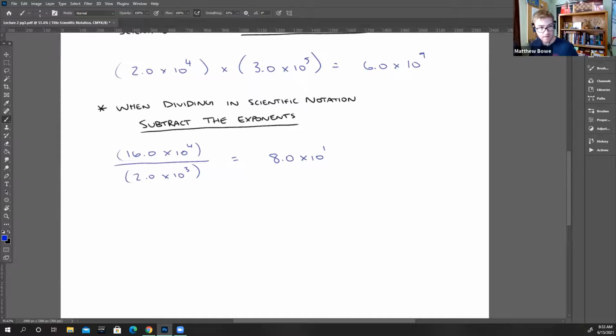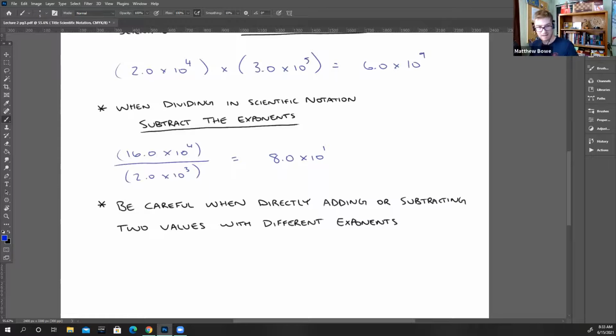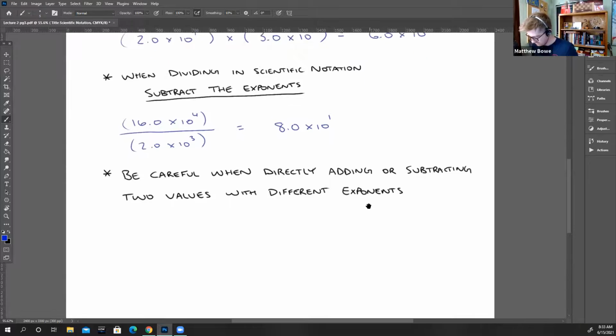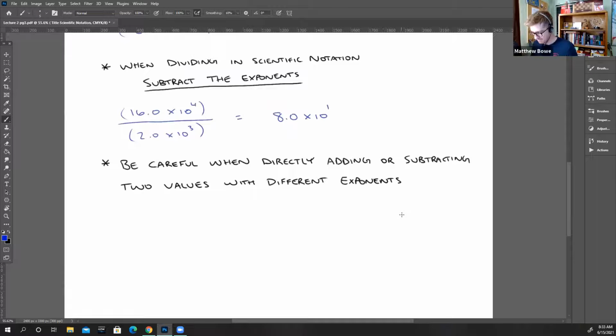Okay. And finally, addition and subtraction, just the very basic operations, can be a little tricky because not all the time are the exponents going to be the same value. So let's do an example. What do I mean?